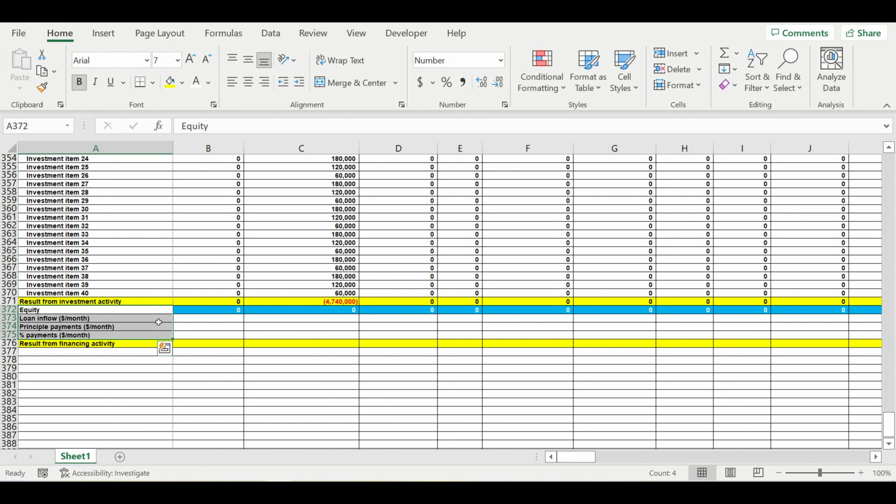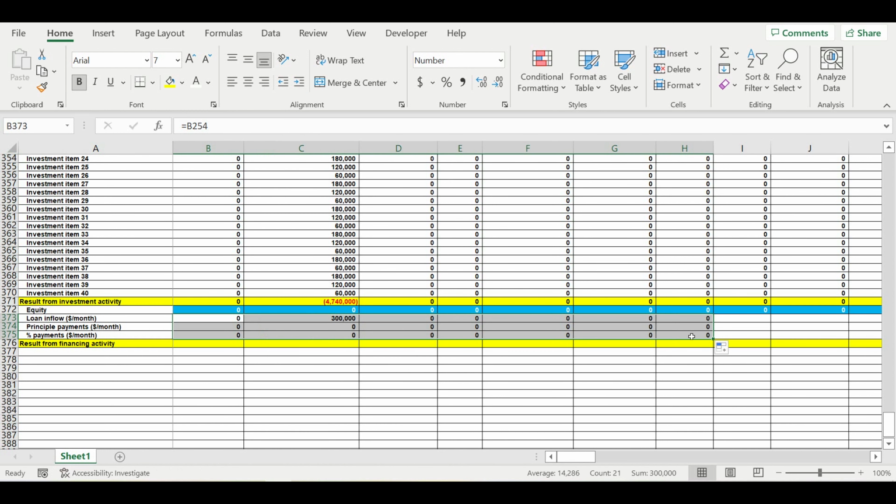Then we will extrapolate this formula to the right. Here we'll be able to see our loan and payments for this loan.